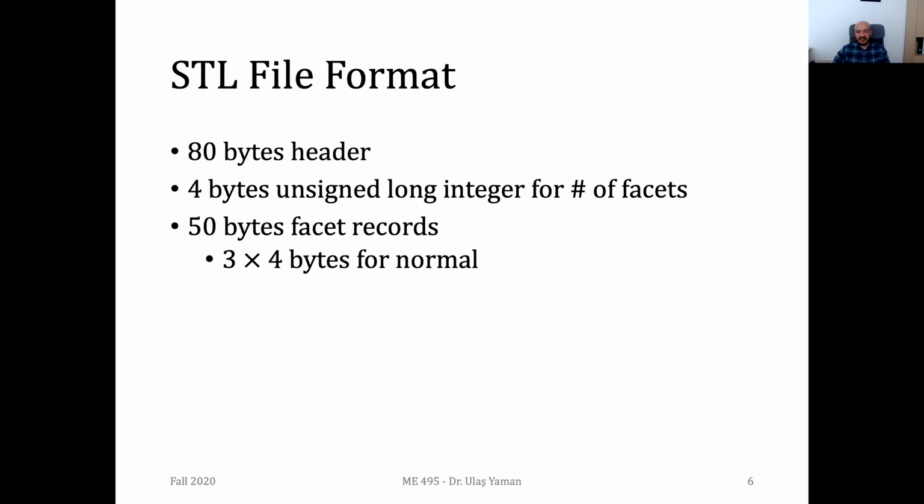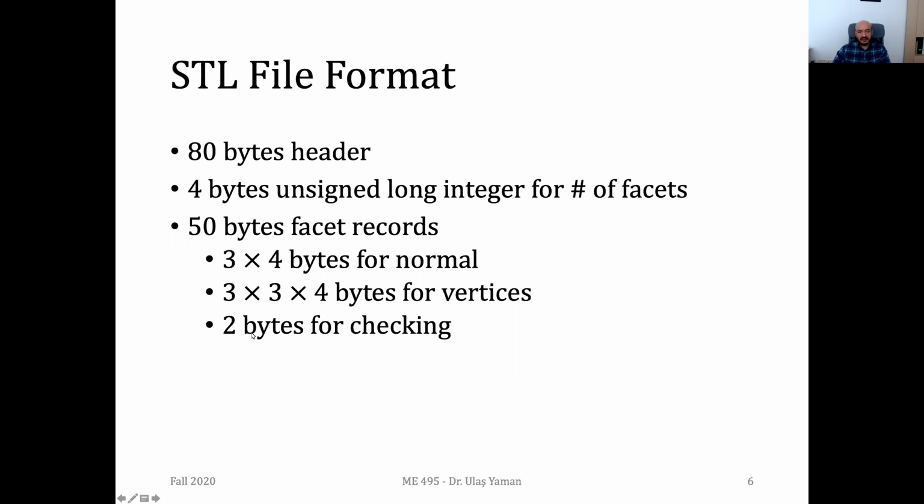We need 3 times 4 bytes, which makes 12 bytes for the normal, since we are using 4 bytes for each number, and we have 3 numbers when defining the normal. And then we need some information for the vertices. Since we have 3 vertices, in each vertex we have 3 numbers, and for each number we need 4 bytes, which makes 3 by 3 by 4.